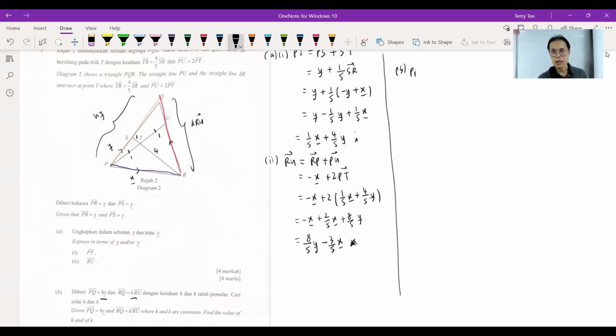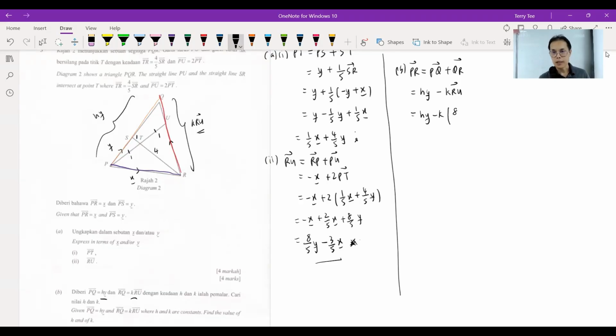I just do PR. PR is P to Q, Q to R. PQ, as we know, is HY. QR is negative of RQ, but RQ is K times of RU, so negative KRU. And we know our RU already from here.